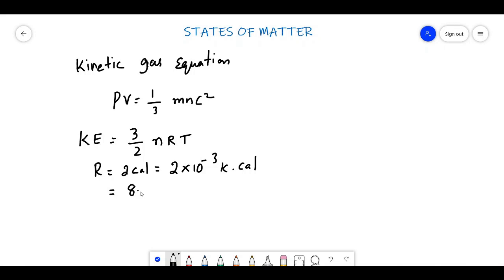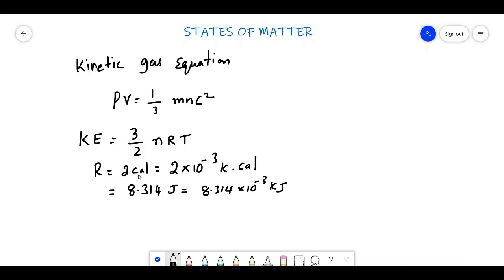Then take this R value as 8.314 joules or 8.314 into 10 to the power of minus 3 kilojoules. So this is kinetic energy. These are the R values. The R value for the ideal gas equation is different and the R value for kinetic energy is different, so you have to remember the R values.